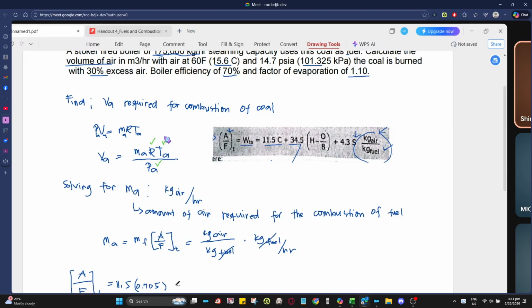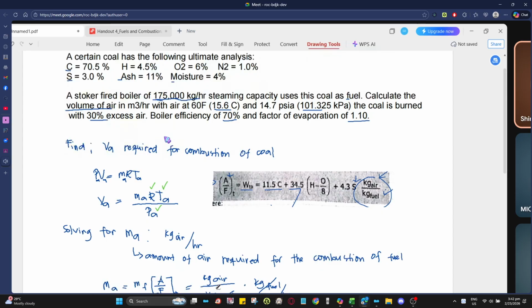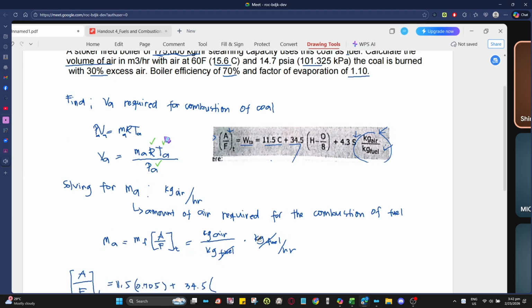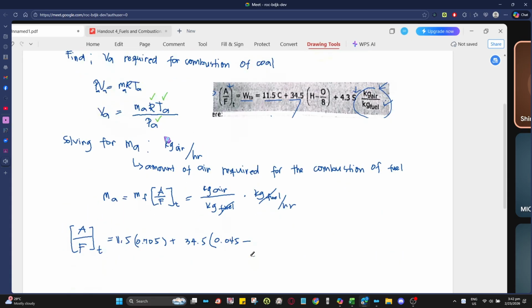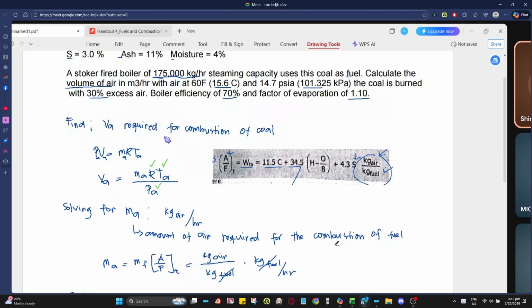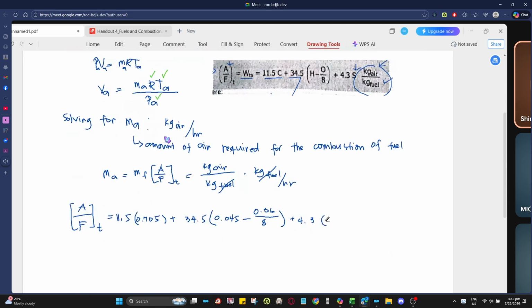0.705 plus 34.5 times hydrogen nga 4.5, 0.045 minus oxygen nga 6 divided by, plus 4.3 times S nga 3.0, so 0.03.